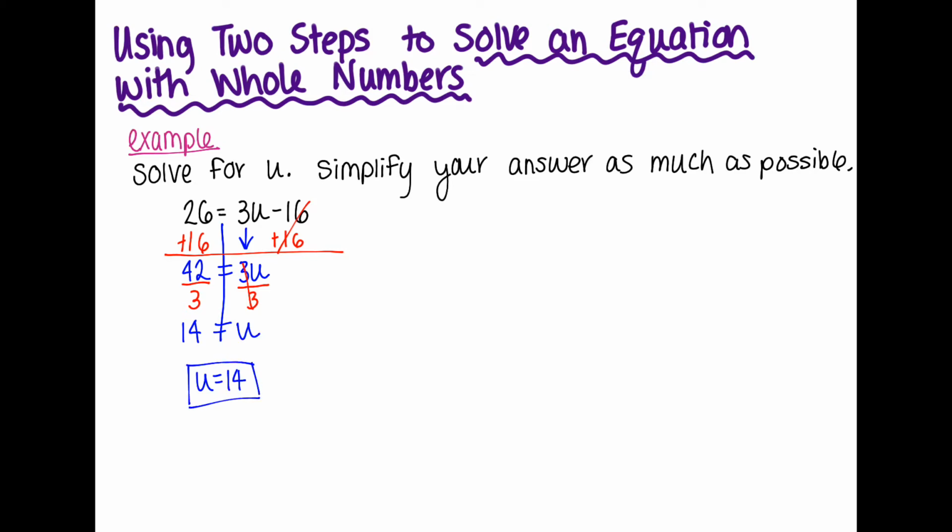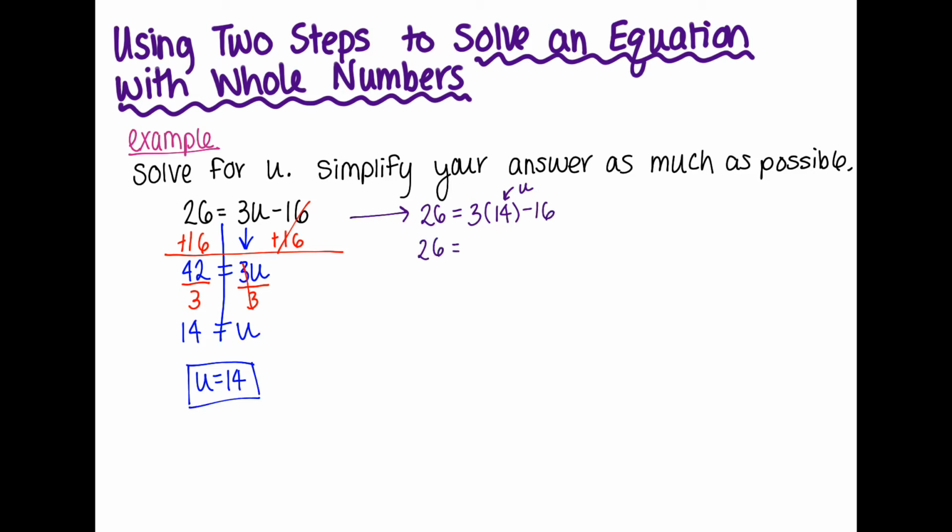Now you can always check your answer by taking this number and plugging it back in for u up here to see if you get a true statement. I'm not going to do that on every problem, but I am going to do it right now to show you what that looks like. So you have 26 equals 3, and then instead of u, I'm doing 14 because that was my u. It's multiplication because they're right next to each other, and then minus 16.